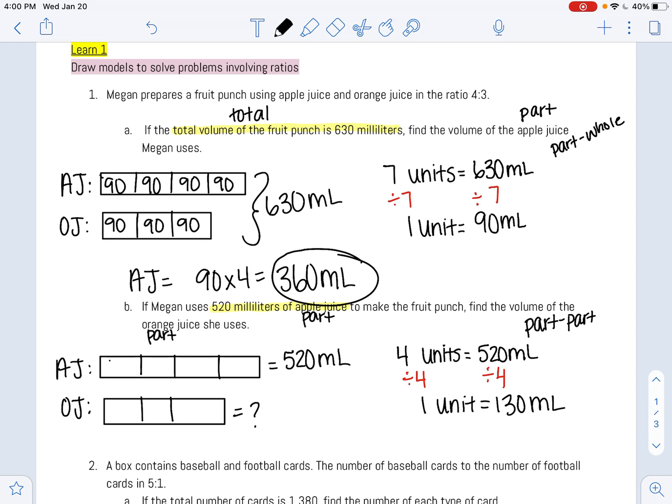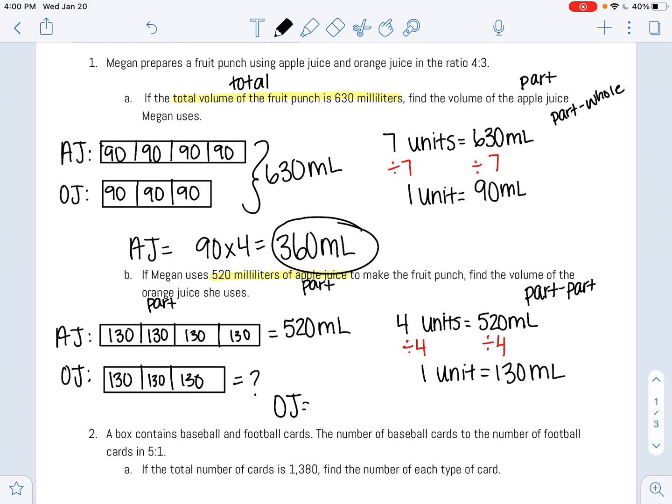So every box is equal to 130. To find my orange juice, I have 3 units of it, so I'm going to take 3 times 130 to get a total of 390 milliliters.